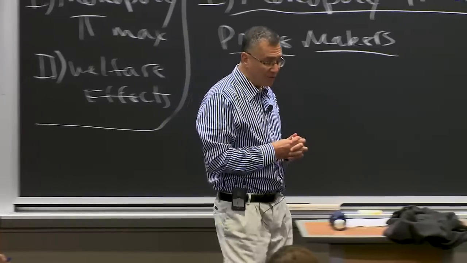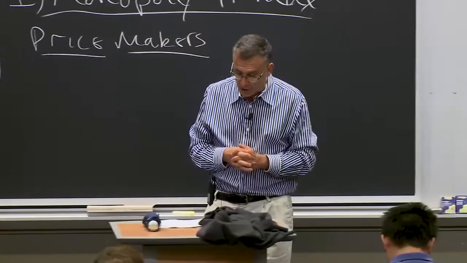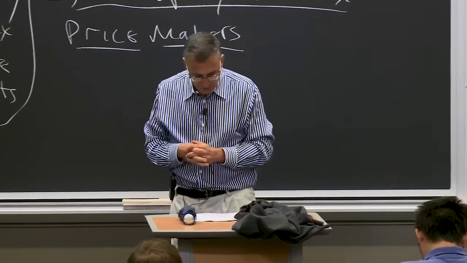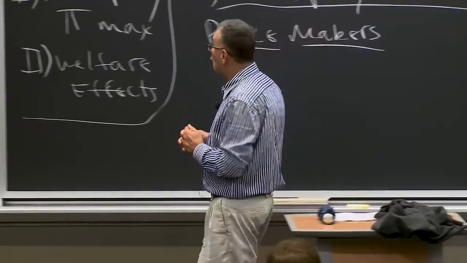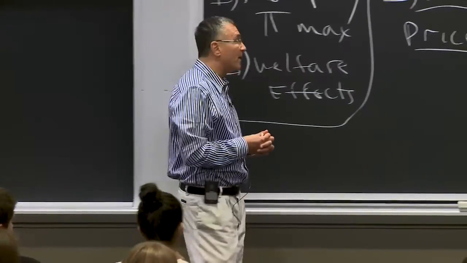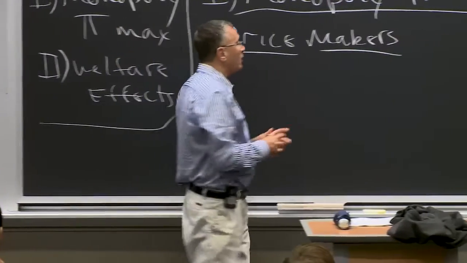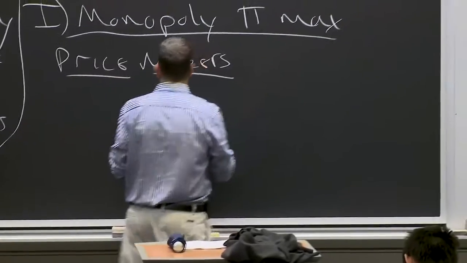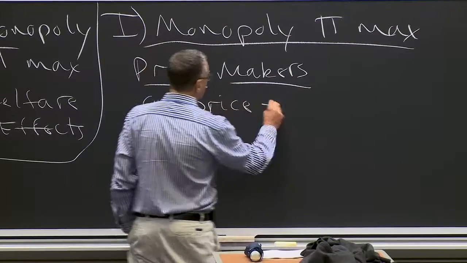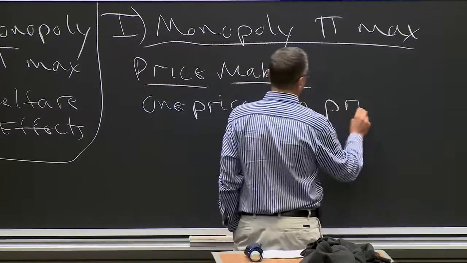Okay? So that's going to be the big change. We go from competitive markets to monopoly markets. Now, for the first two-thirds or three-quarters of the lecture, we're going to make one other assumption. We're going to assume there is one price in this market. That is, no price discrimination.